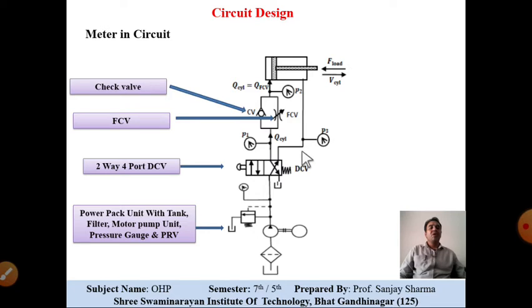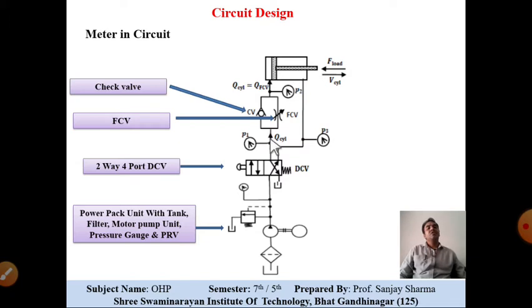Now how it works, assume that initially this is the empty cylinder. Now as the flow starts, it passes through position A, through the flow control valve. Now here we can manually adjust the flow, which will increase or decrease the speed.